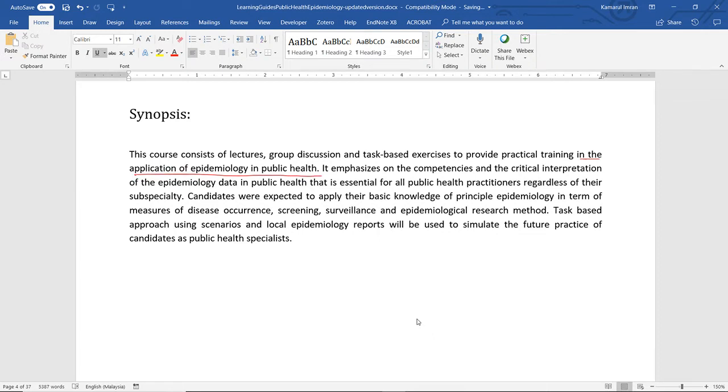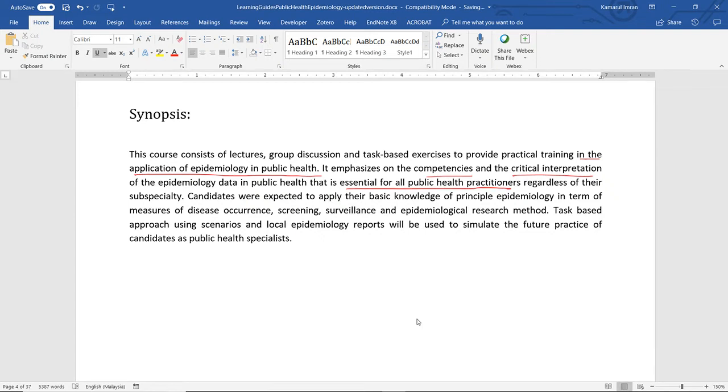So it emphasizes competency, of course, critical interpretation of epidemiology data in public health, essential for all public health practitioners.